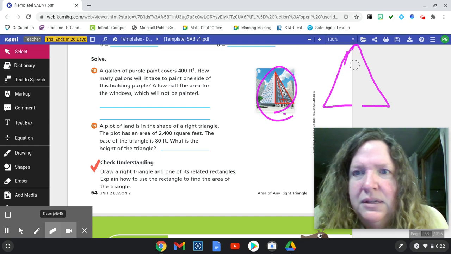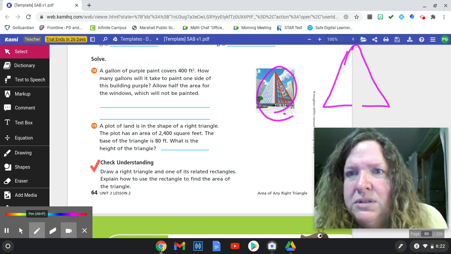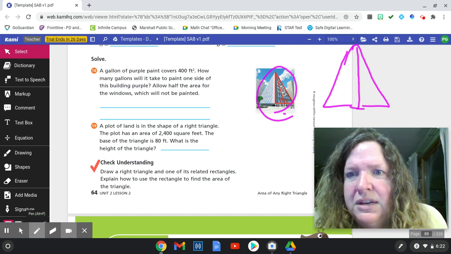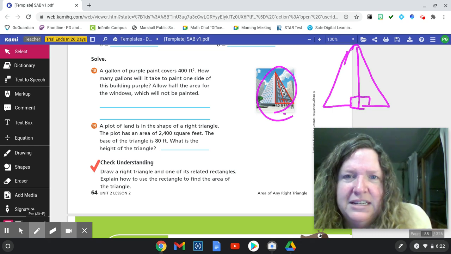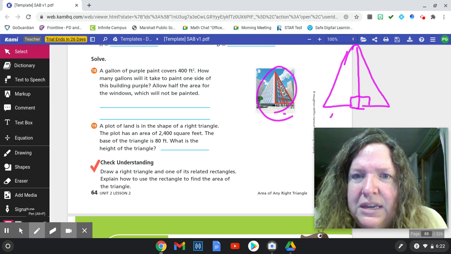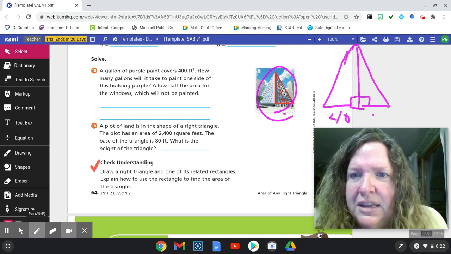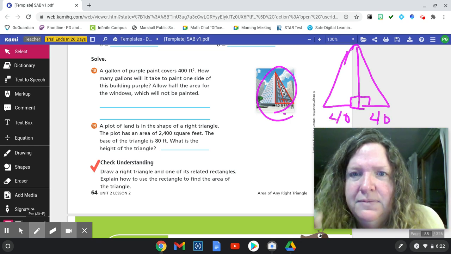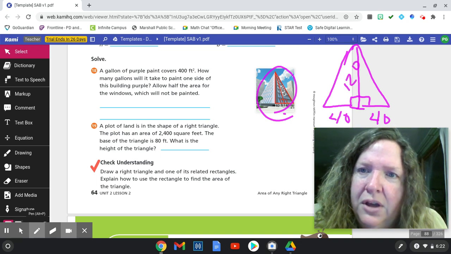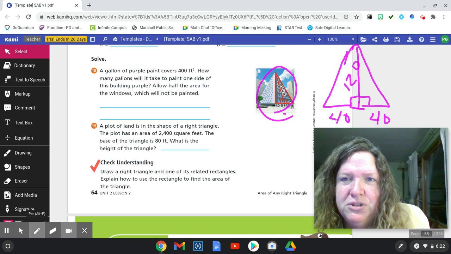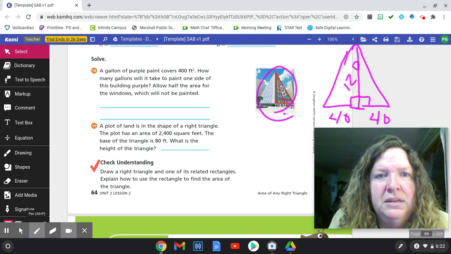That's supposed to be a straight line. We also see them draw that straight line down, and they say this is a right angle, and so is that. And each of these lengths right here are 40 feet, and the height is 120 feet. So there's the picture just drawn a little bit bigger.